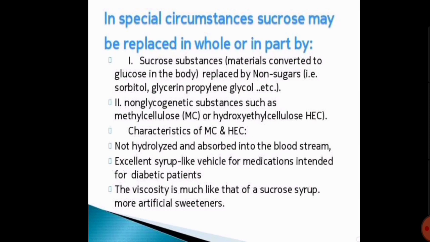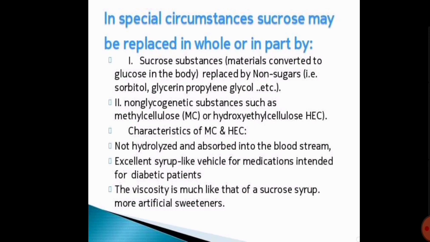Okay. Now, some of the substances are not hydrolyzed into the bloodstream and not absorbed. Rather, they are excreted as they are. So we have to take care of that as well.